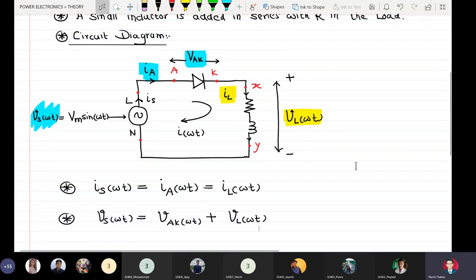Now for any circuit, whether it is a converter, inverter, chopper, or AC voltage controller, we have to analyze the circuit over one cycle. Whenever the input is a single phase AC source or a three phase AC source, the interval of analysis is one cycle, that is 0 to 2 pi radians, or 0 degrees to 360 degrees.